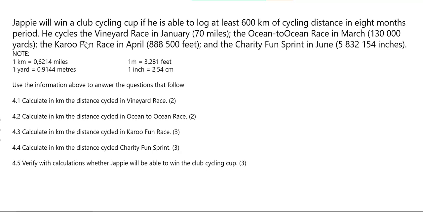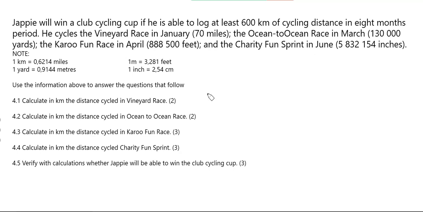He cycles the Vineyard race, 770 miles, the Ocean to Ocean race, 130,000 yards, the Karoo Fun race in April, 888,500 feet, and the Charity Fun sprint in June, 5,832,154 inches.